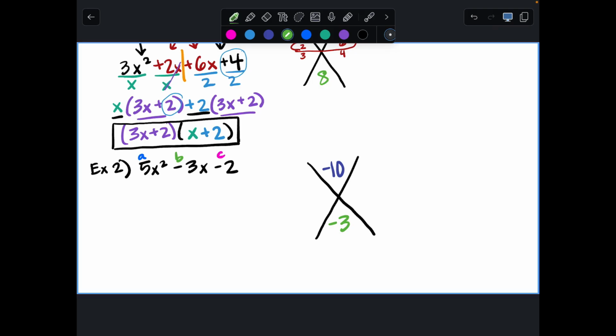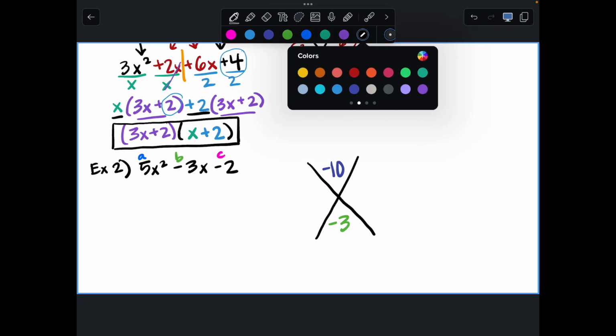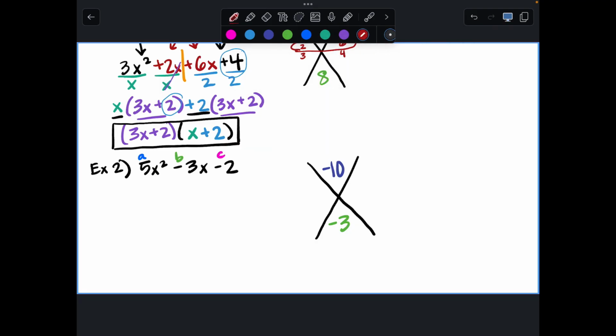I'm not going to look at the negative yet. I'm just going to figure out what multiplies to give me 10. And then I just know that one of the factors has to be negative to make it negative 10. So I could do 1 times 10 or 2 times 5. Those are the only two options that give you 10.